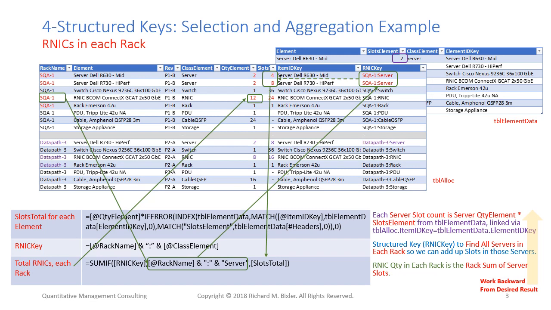So in each RNIC record, the SUMIF for the value of quantity element specifies the lookup key as bracket at rack name close bracket, and concatenates a colon character and the string server that will match all server records with the same rack name as the RNICs. We specify slots total as the field to sum, since it contains the aggregate number of slots for servers in each record that will match. And that sums up the total slots among all servers in the rack containing those RNICs.